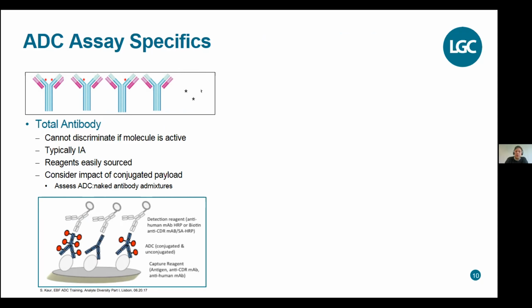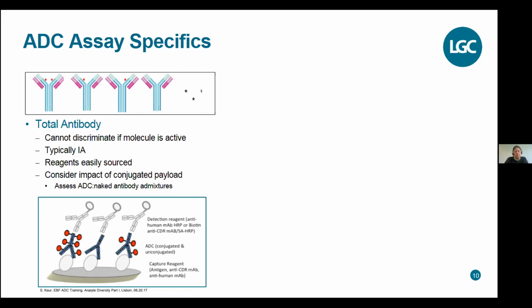Typically, these are measured by immunoassay. Reagents are generally easily sourced, so using target antigen and anti-human antibodies, we can set up a sandwich ELISA to measure these total antibody assays. But what we do need to do is consider the impact of the conjugated payload.